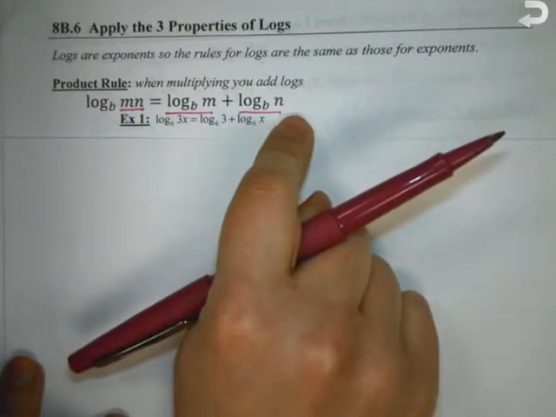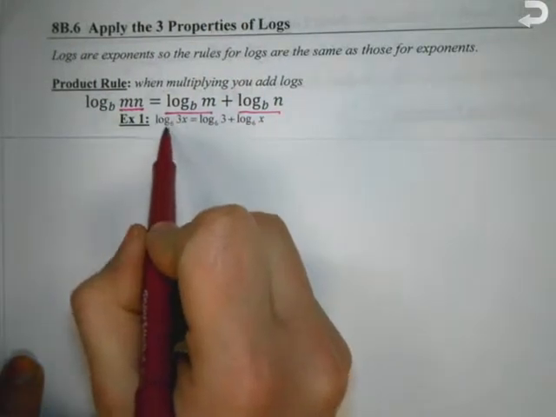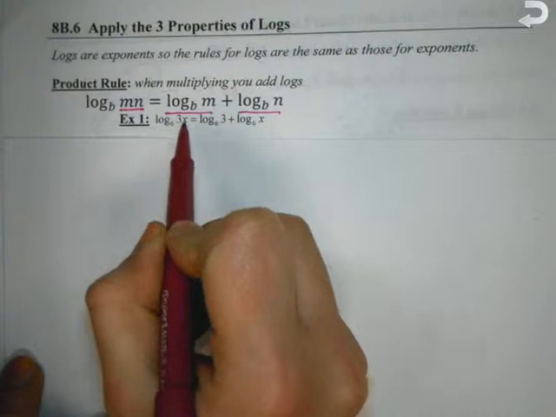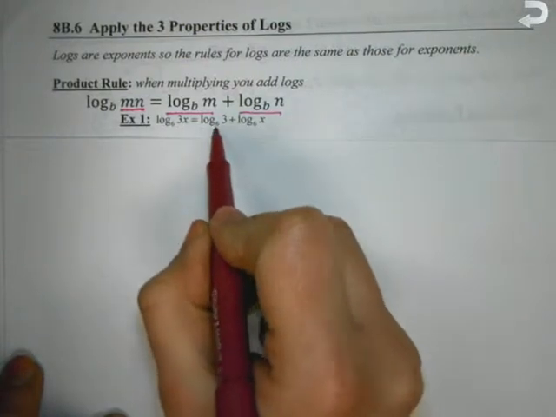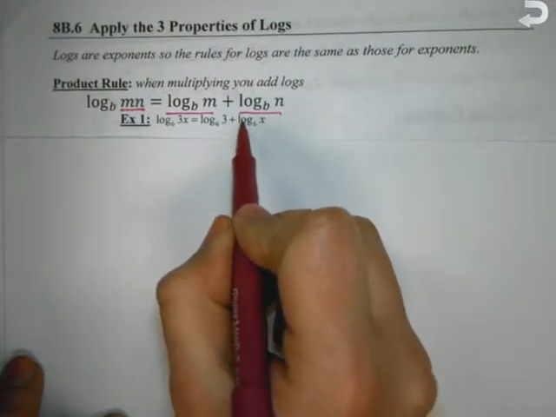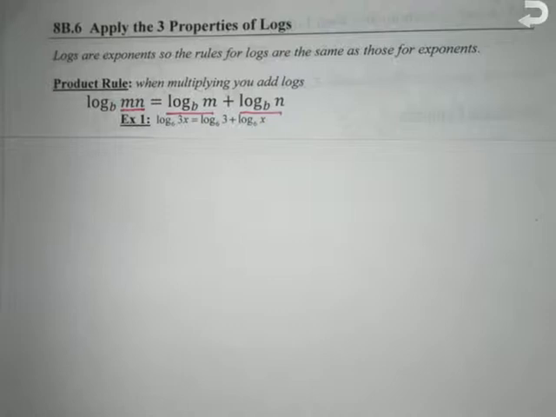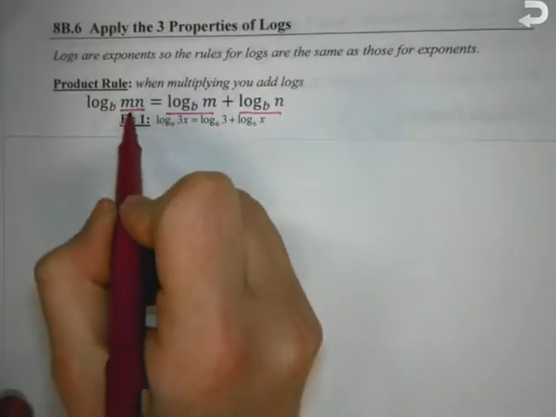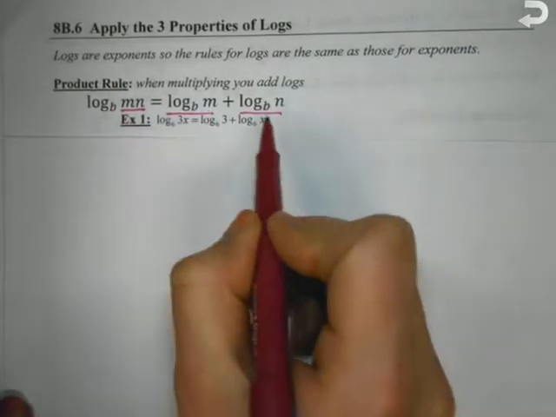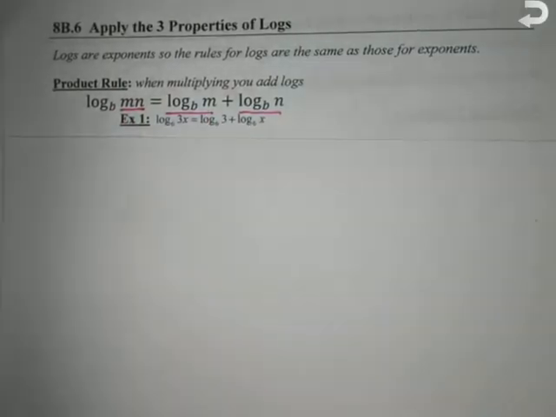Okay, so for an example here, log base 6 of 3x is the same as log base 6 of 3 plus log base 6 of x. So we can split up the number part right here into 2 logs being added together. Okay, so that's the product rule. Product and addition go together.